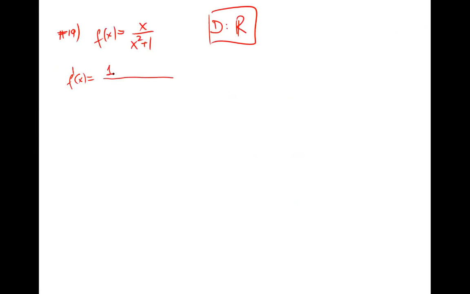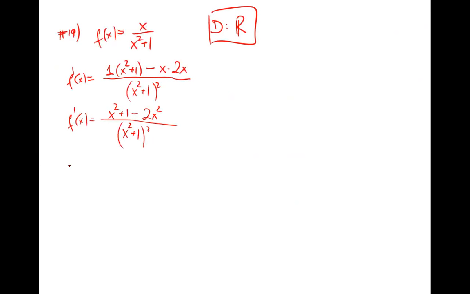The derivative of x is 1 times the denominator minus x times the derivative of the denominator 2x, over x squared plus 1 squared. Yes, we remember the quotient rule. Let's simplify. X squared plus 1 minus 2x squared, over x squared plus 1, again squared. One more time, negative 2x squared plus 1x squared is just this.